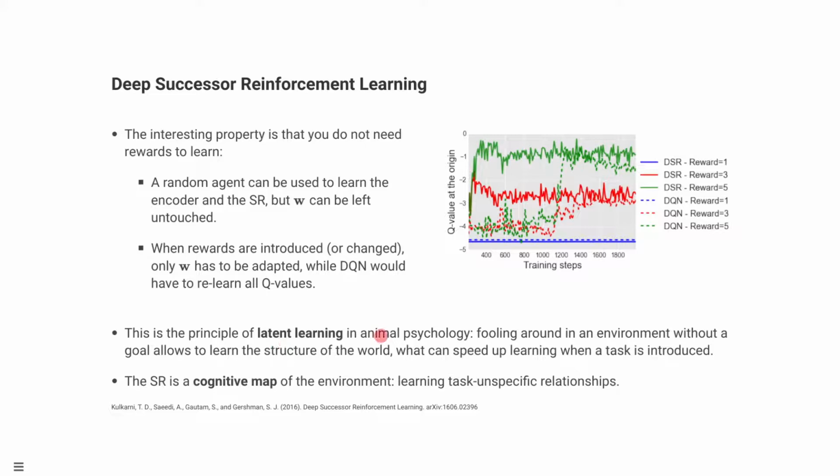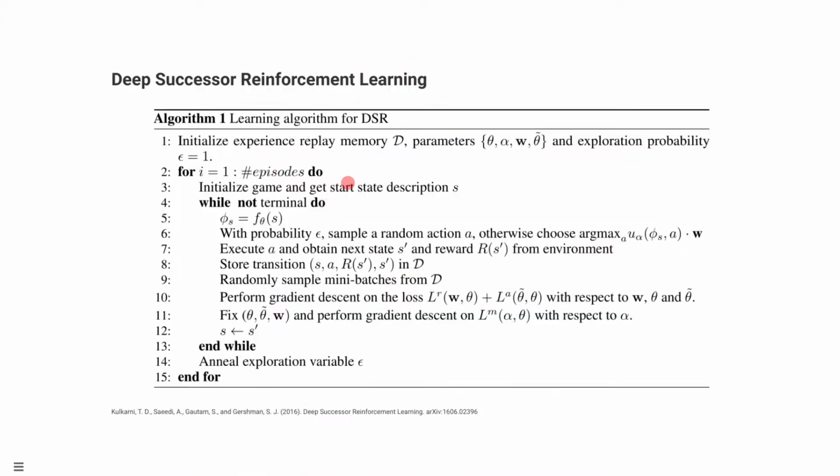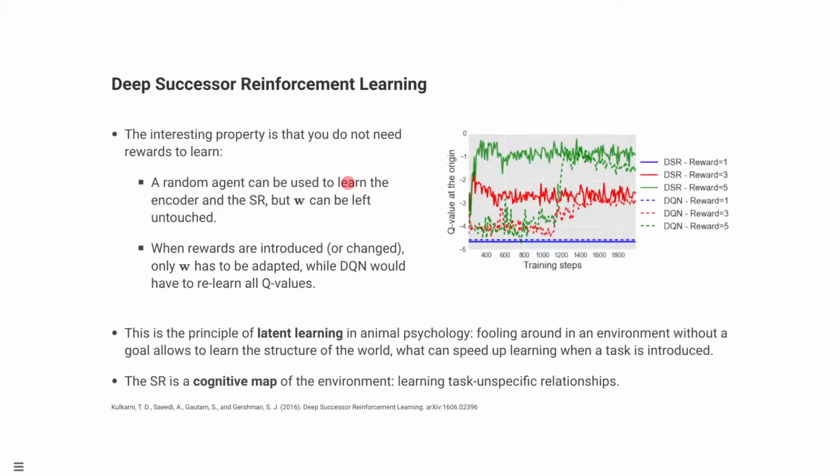and also latent learning. That means you can let your agent act totally randomly and learn the SR in the environment without any reward, just discovering what happens if I do that, how close am I from that state. So you just learn the successor features, and only later you introduce rewards. It's called latent learning in animal psychology.